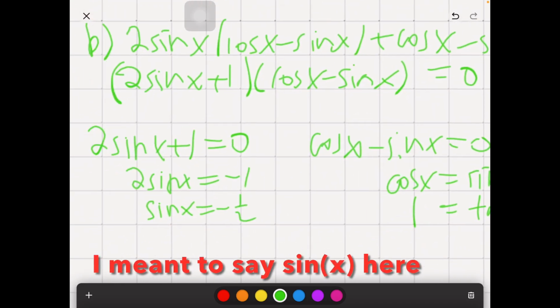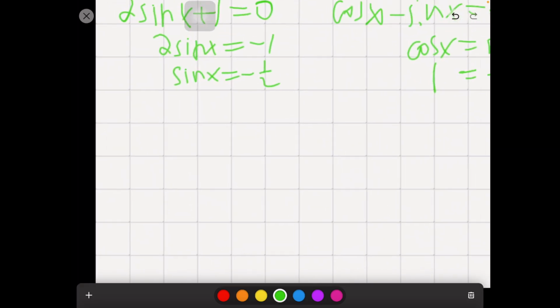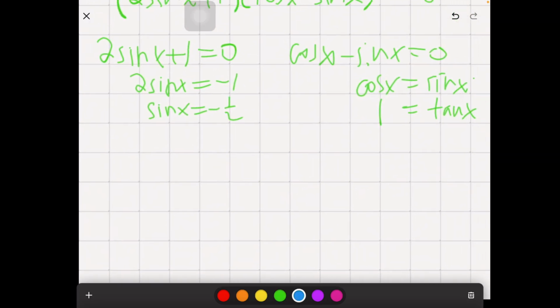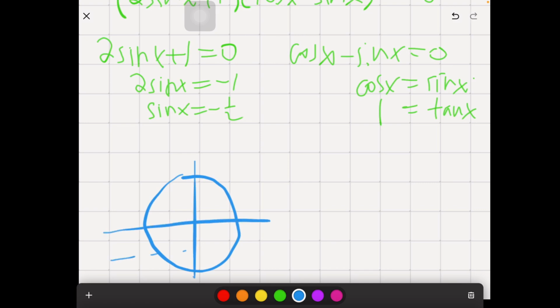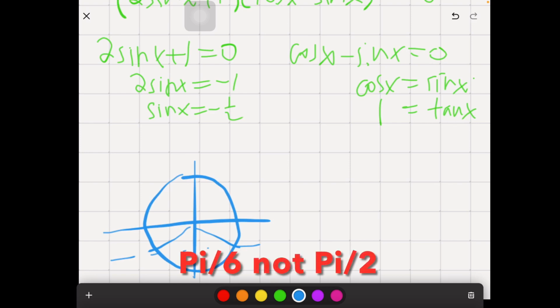So sine x equals -1/2. It might be helpful to draw a little graph. So we know that arc sine of 1/2 is equal to pi over 6.